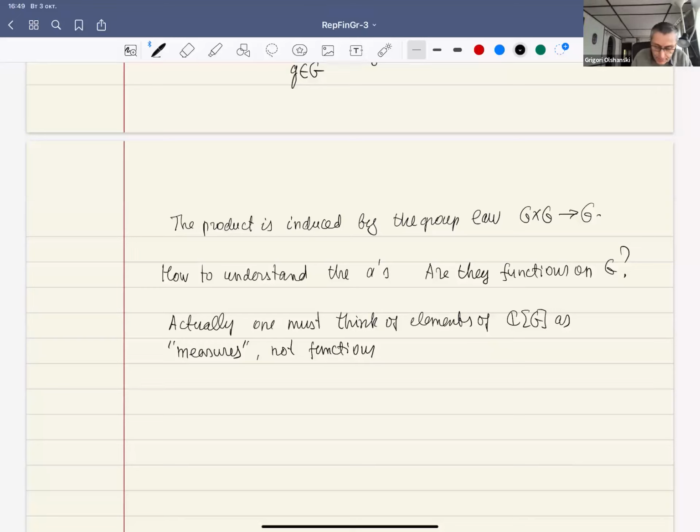So I would like to propose a little discussion. Assume X is a finite set. Then we have two linear spaces in duality: a space of functions on X, and a dual space, a space of measures. Measures are dual to functions.